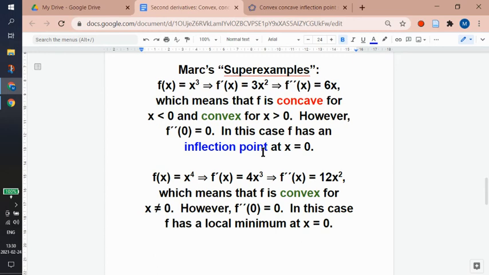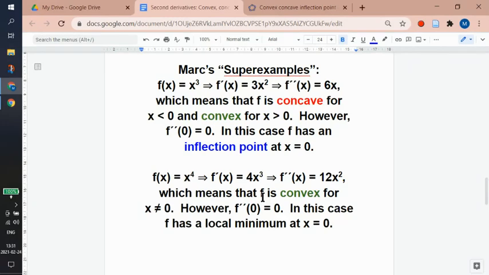In our final example, f of x is x to the 4. The first derivative is 4x cubed, and the second derivative is 12x squared. 12x squared is positive, greater than 0 for all real x except x equals 0.